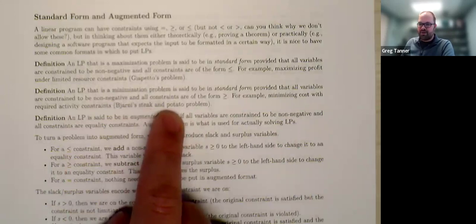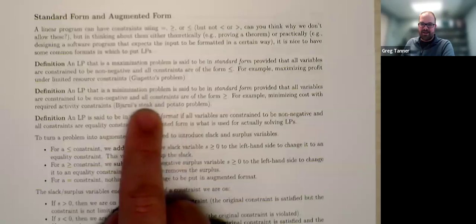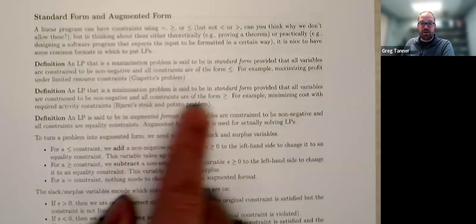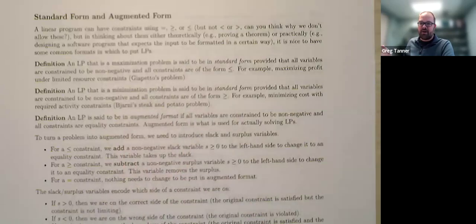He wanted to minimize the cost for his diet that was strictly steak and potatoes, but he had some greater than or equal to constraints that he needed to meet his minimum requirements for, I think it was protein and carbs. So there were some minimum requirements while still minimizing cost.